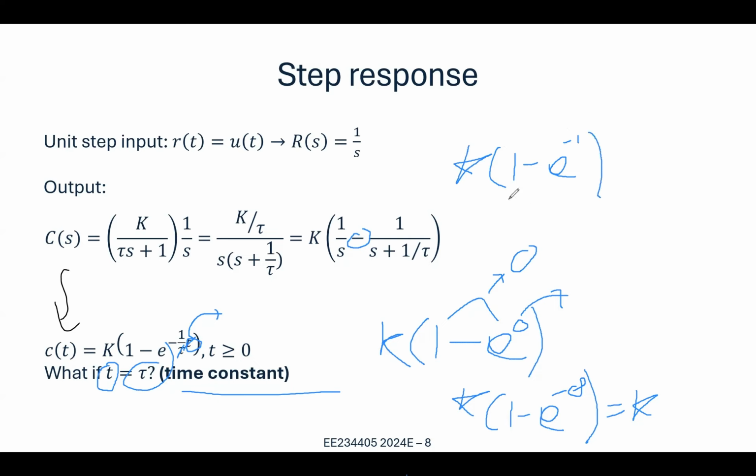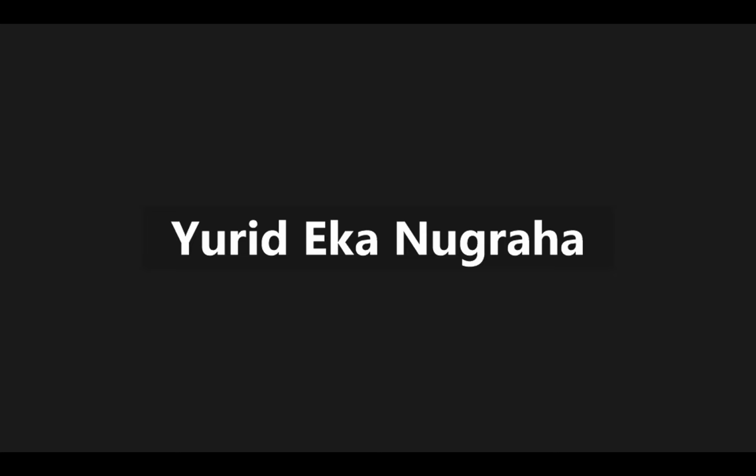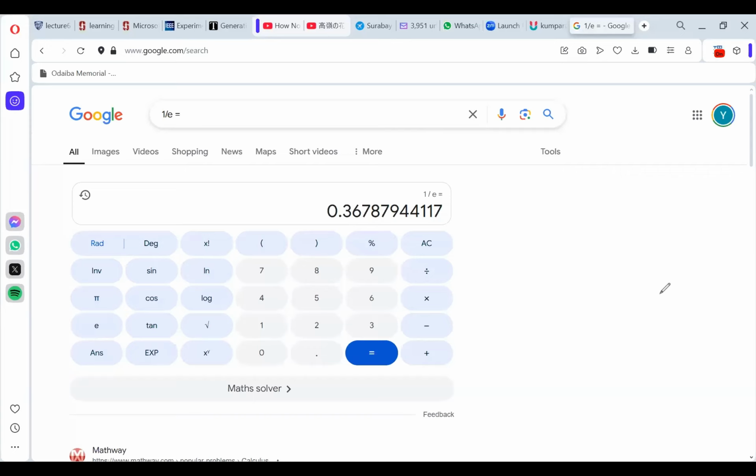And if you know that this is 1 per e, which is like 0.378 if I remember correctly, perhaps you can check. Okay, let me see. So this is the 1 per e, right?